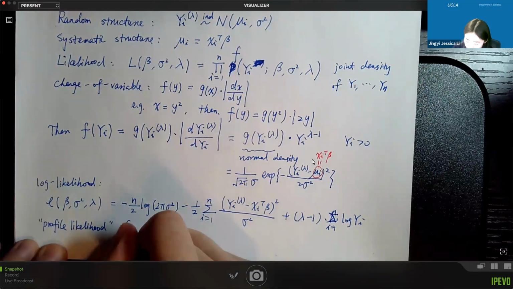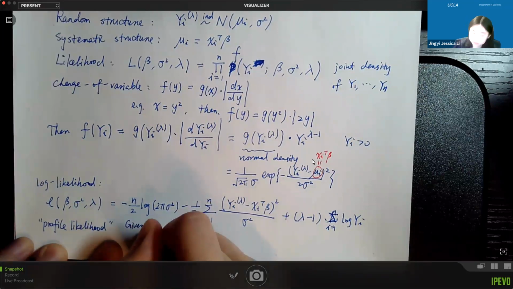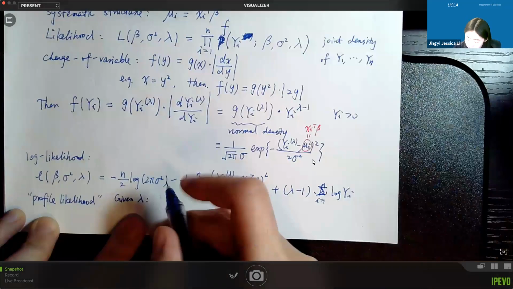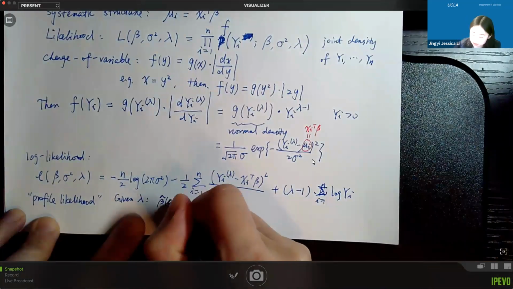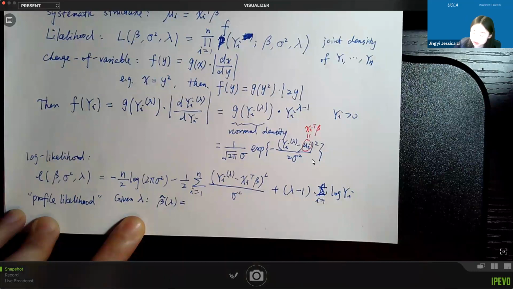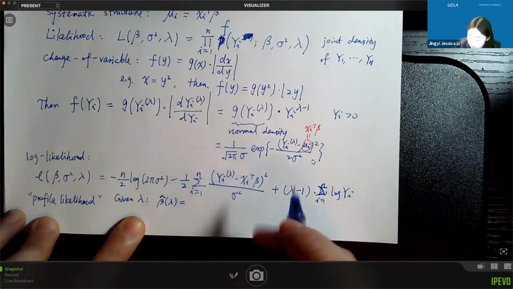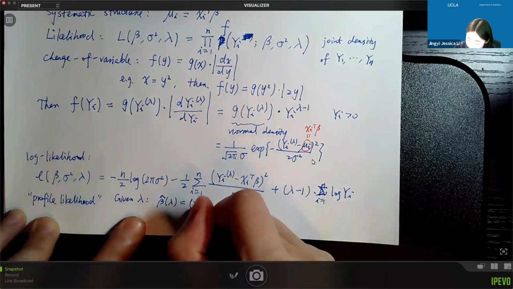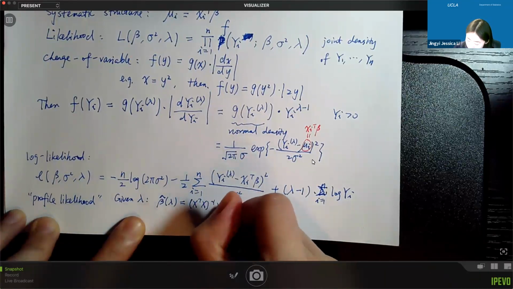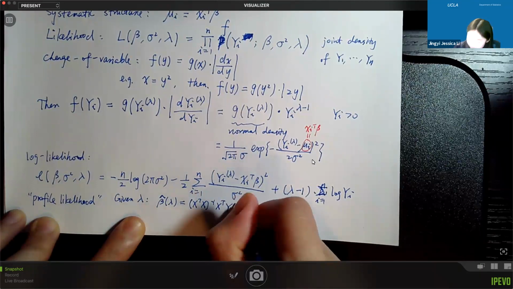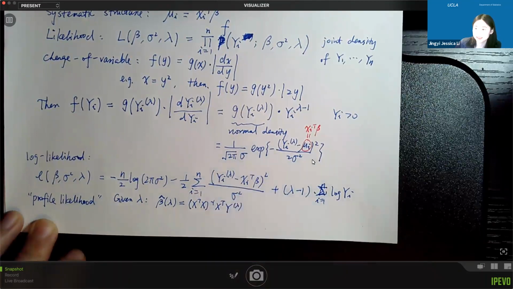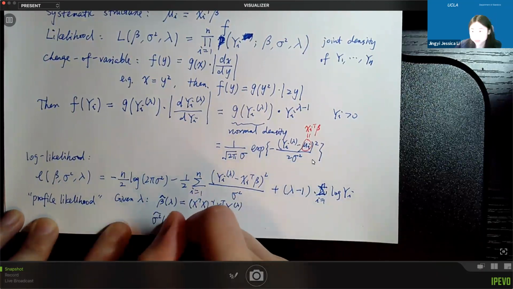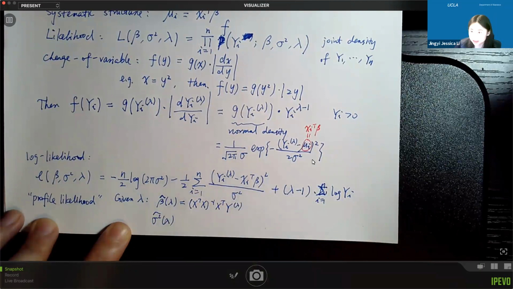So those two formulas are still there, right? What I mean is that given lambda, I could derive beta hat as a function of lambda from maximizing this likelihood. So I would have X transpose X inverse X transpose Y, but this Y is Y lambda, the transformed Y. And then sigma squared hat given lambda is still what we are familiar with.